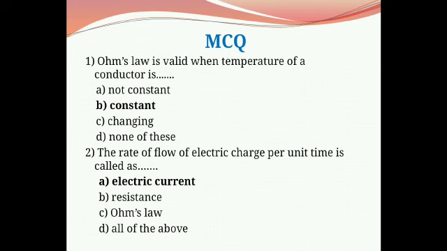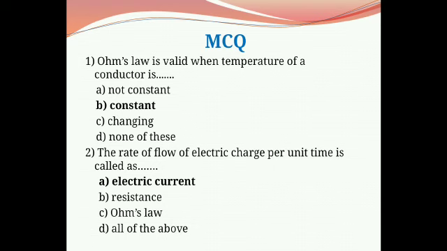Now we solve some MCQs on these topics. First question: Ohm's law is valid when temperature of conductor is. Options are not constant, constant, changing, none of these.